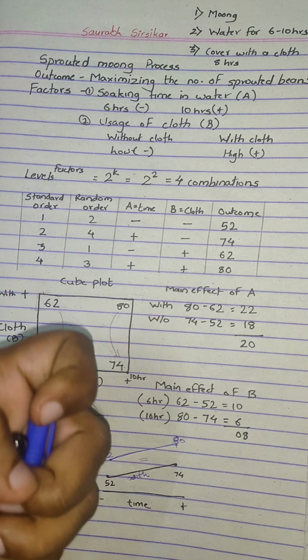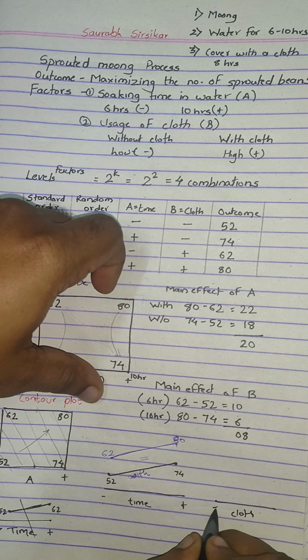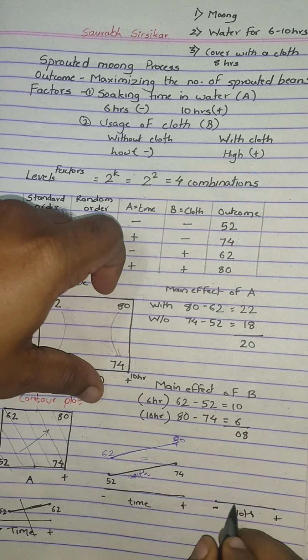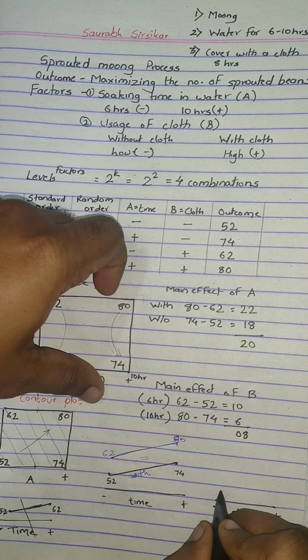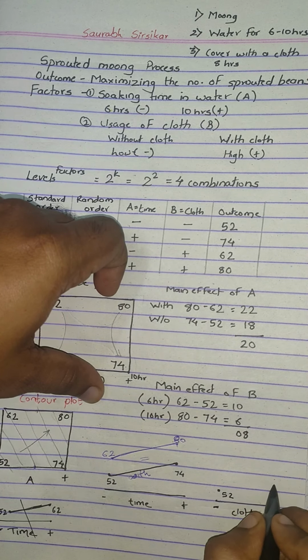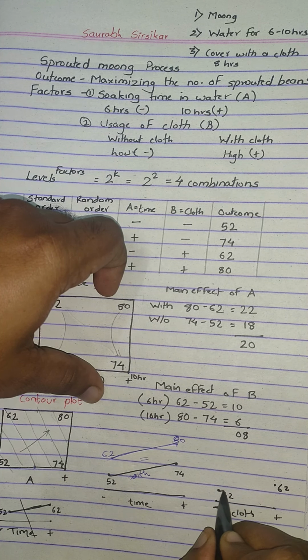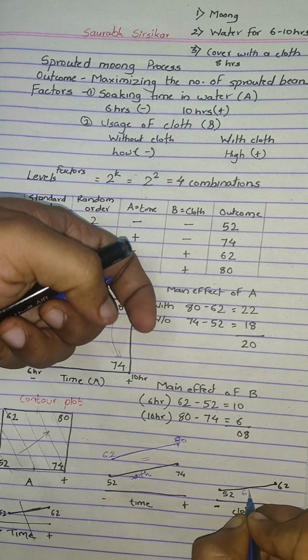Similarly, if I plot for cloth, keeping this on the axis, lower level and higher level over here. For shorter duration of 6 hours, we can see that it is 52 without cloth and 62 with cloth. So I will join it with the black pen, and this is for the shorter duration of 6 hours.